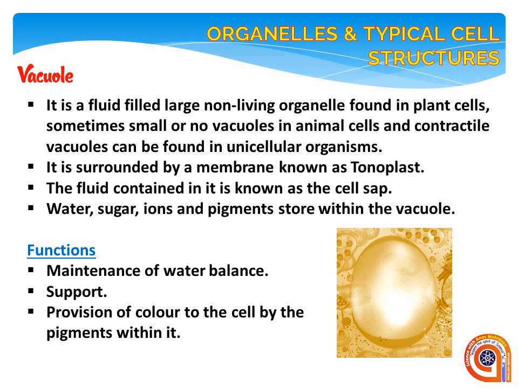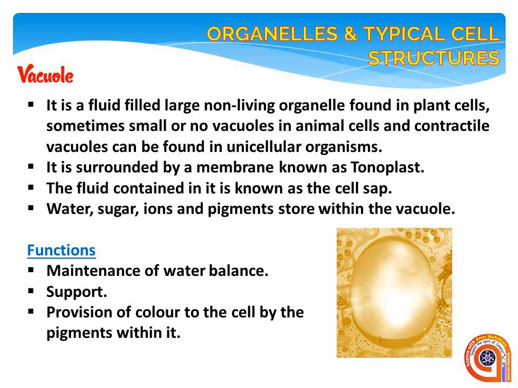This layer surrounding the vacuole, we name it as the tonoplast. Accordingly, there are sometimes small or no vacuoles in animal cells, and contractile vacuoles can be found in unicellular organisms. So when it comes to unicellular organisms, one-cell organisms, there may be contractile vacuoles present. It is surrounded by a membrane known as the tonoplast. So here too, one membrane is present, that is the tonoplast.